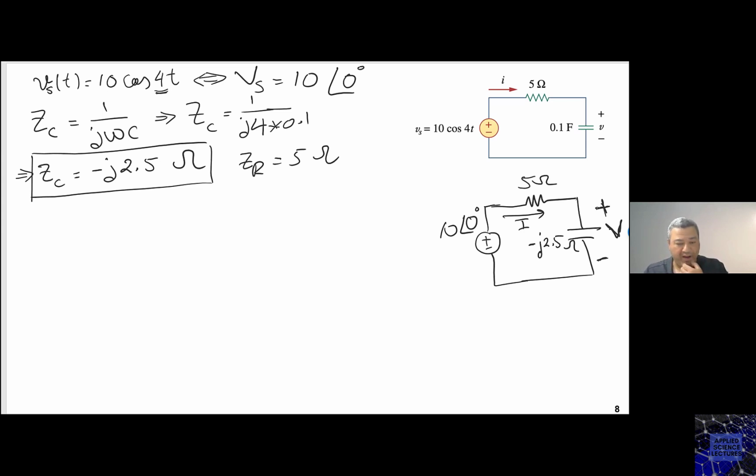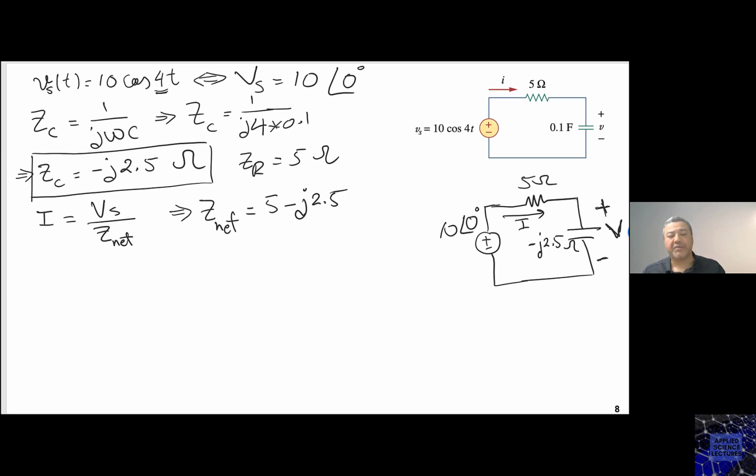Okay, so you need to find the Z net and then divide by it. So he said I equals Vs divided by Z net. And then he wants to find the Z net, which is 5 minus j 2.5.